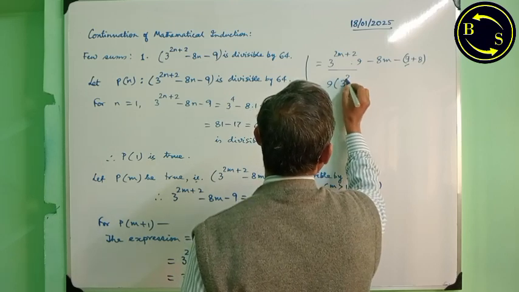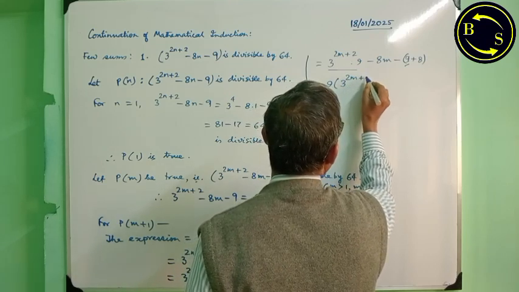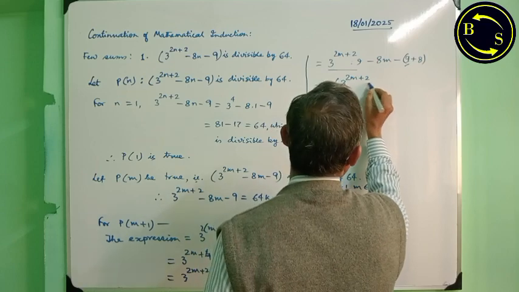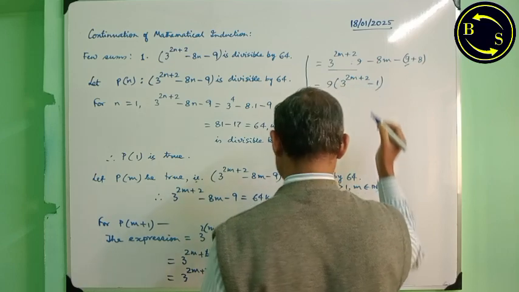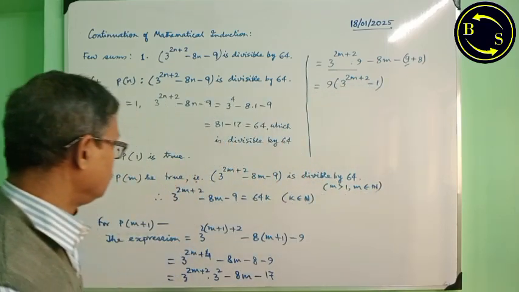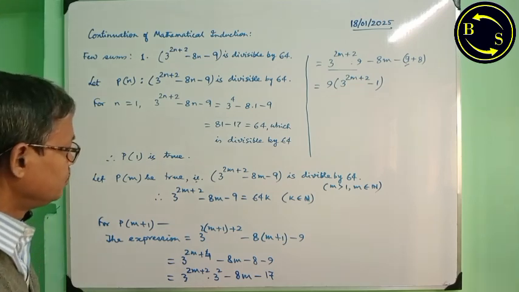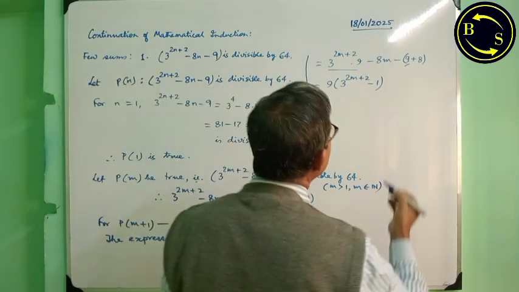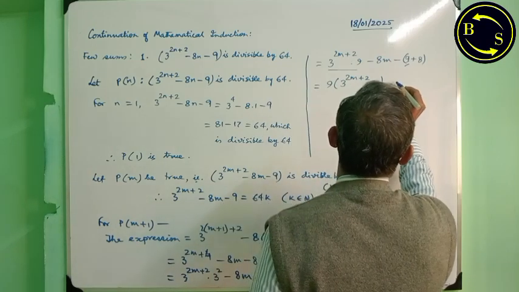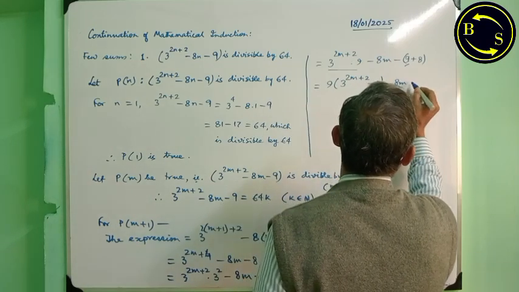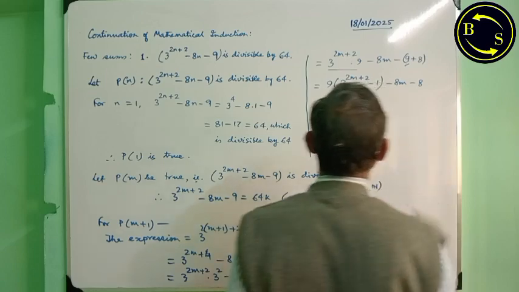3 to the power 2m plus 2 minus 1, minus 8m minus 8.